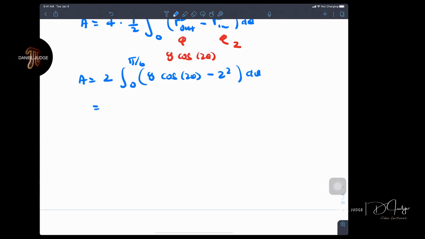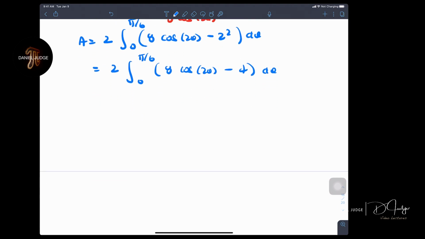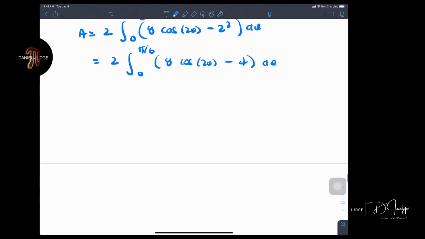So we're going to keep this 2, 0, pi over 6, 8 cosine 2 theta minus 4 d theta. And I'm going to put that 2 inside. I can factor out the 4 and so on, but I think it'll be easier to just integrate if I have that constant. So 16 cosine 2 theta minus 8.